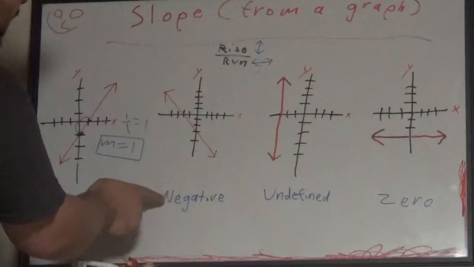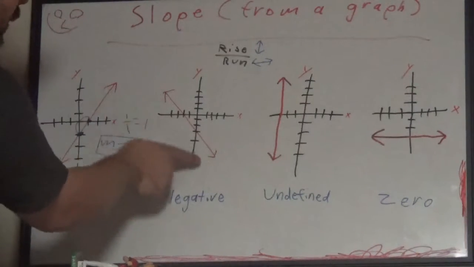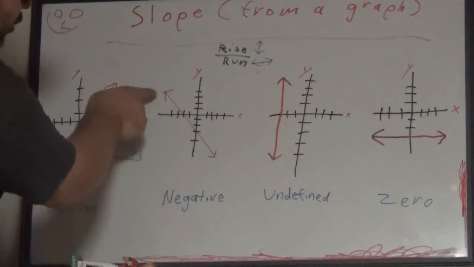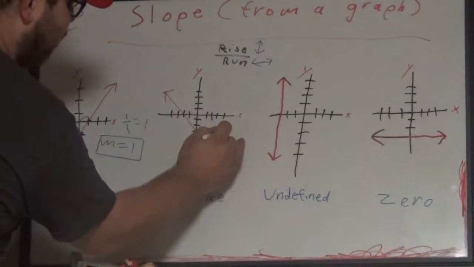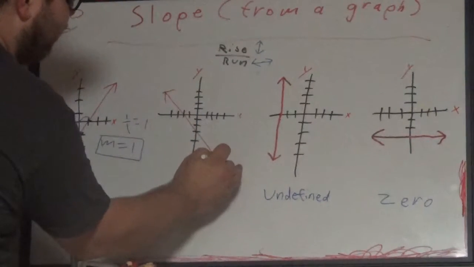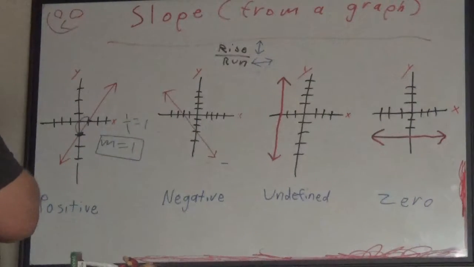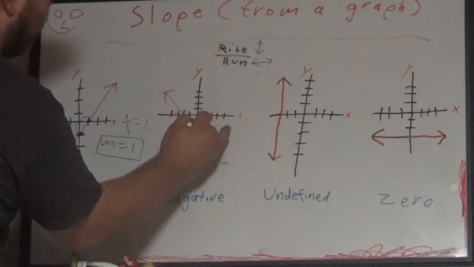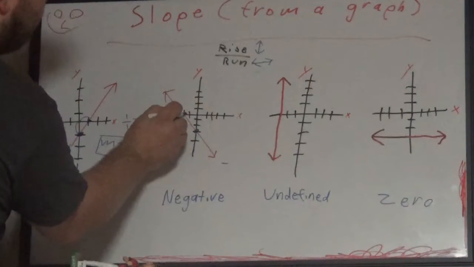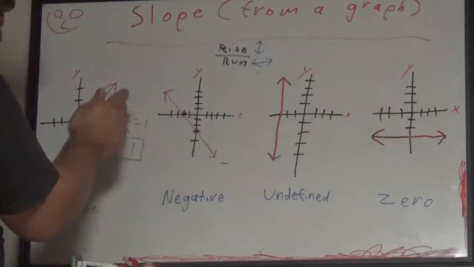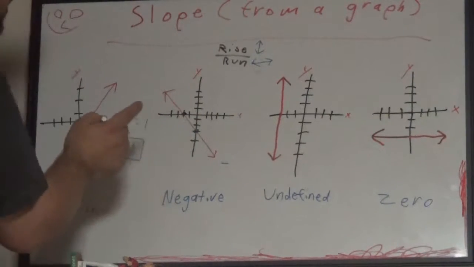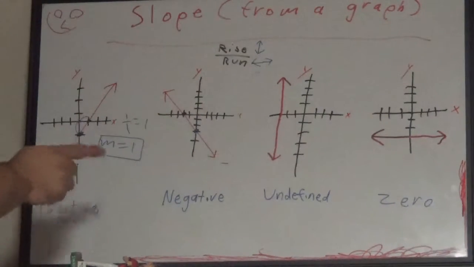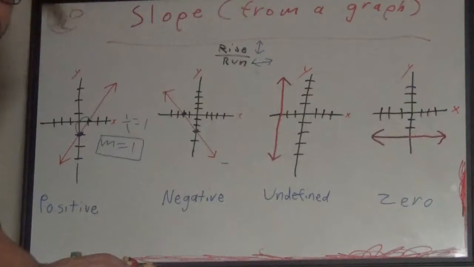Next, the second one. First thing we want to look at is what type of slope is it? It's negative. Look at the line. It's a negative slope, so I'm going to start with the negative sign because I know that whatever we get is negative. I'm also going to plot 2 points so that I can count easier. The reason I like to start with just positive or negative is I like to just count up and down, left and right, and not worry about direction.